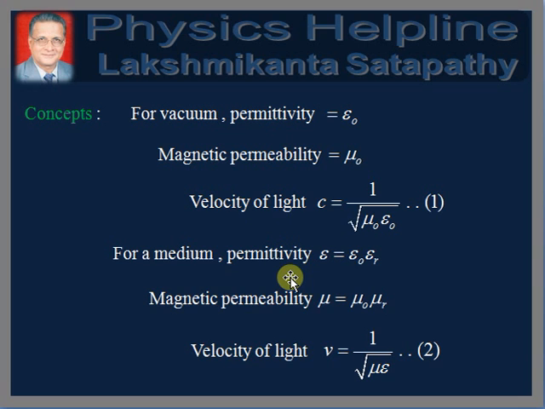For any other medium, permittivity epsilon is equal to epsilon 0 into epsilon r, where epsilon r is the relative permittivity of the medium. Similarly, magnetic permeability mu is equal to mu 0 into mu r, where mu r is the relative permeability of the medium. Therefore, velocity of light in this medium is given by v is equal to 1 by root over mu epsilon.